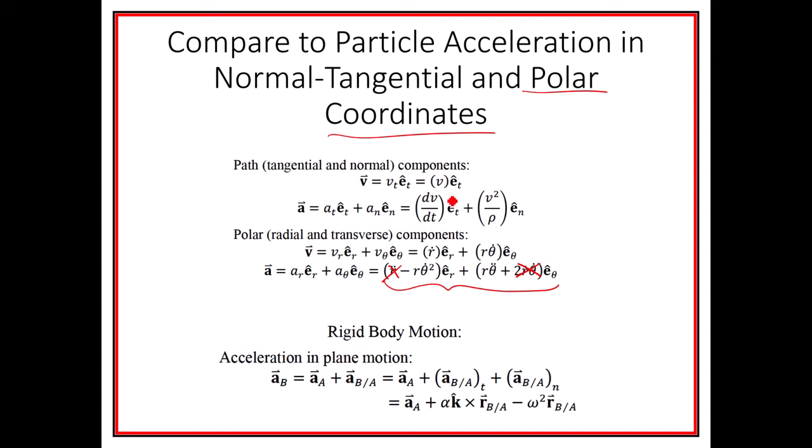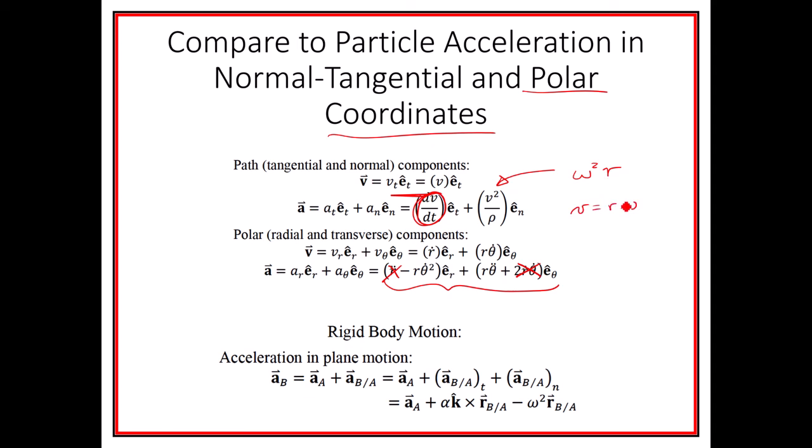And you'll also recall that this right here, this dv dt, is the same thing as having a tangential acceleration. It's just, this is path coordinates where that comes into play. And we'll recall that v squared over rho is just another way to write omega squared r, because v is equal to r omega.